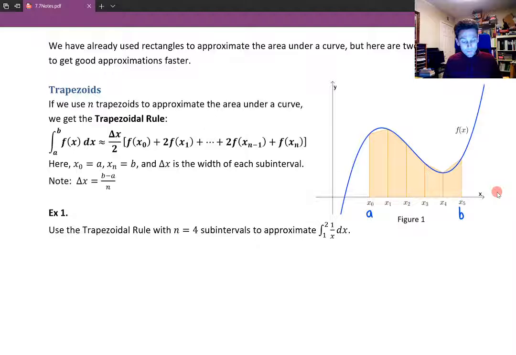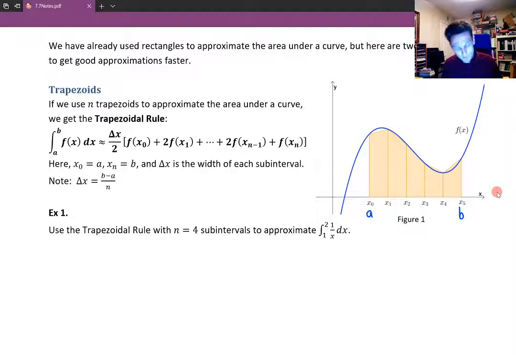That interval is broken up for us into 5 sub-intervals: x sub 0 to x sub 1, then x sub 1 to x sub 2, and so on. In the past, we would create a rectangle that would rise up from the x-axis to the curve and compute the area of that rectangle, and then the next rectangle, and so on. But here we're using trapezoids instead.